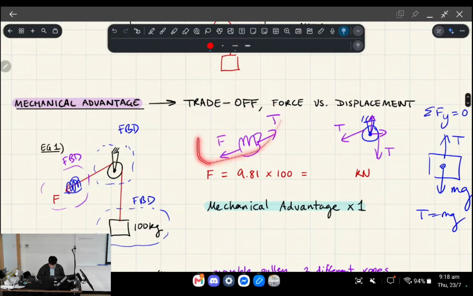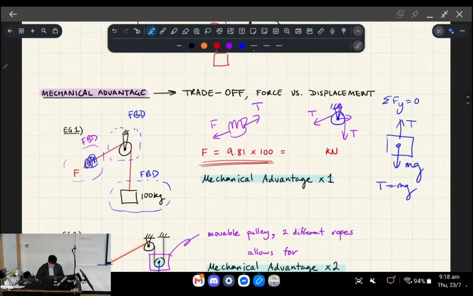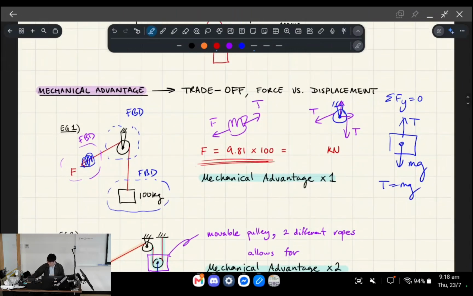We know that these two things will be equal as well. That's all just to say that the amount of force you're applying is going to be equal to this.